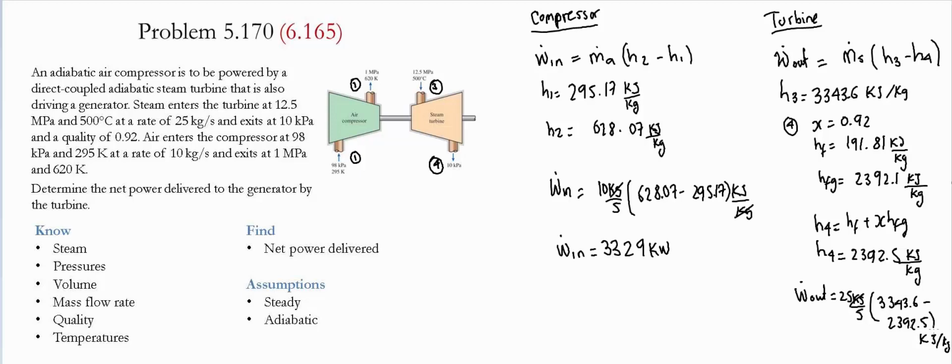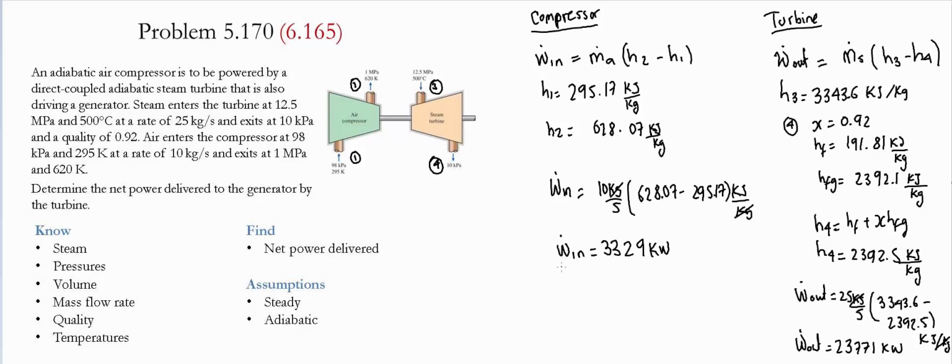Notice that kilogram and kilogram cancel, and kilojoules per second becomes kilowatts. Therefore, the power leaving the turbine is equal to 23,771 kilowatts.